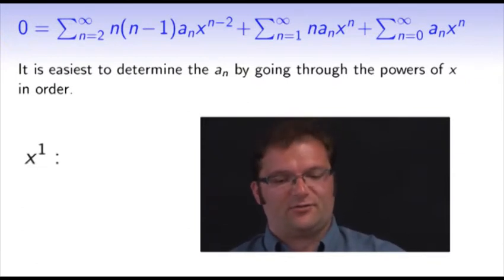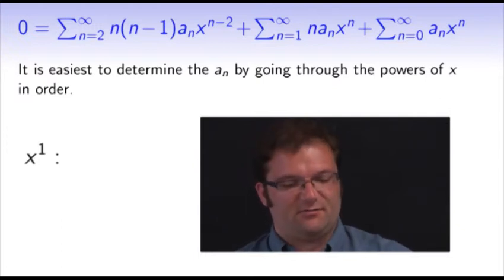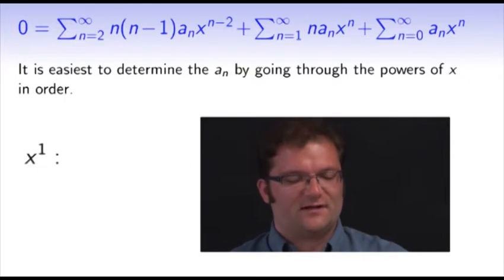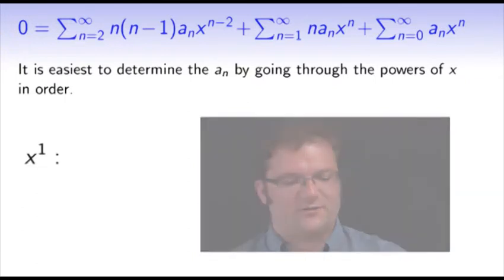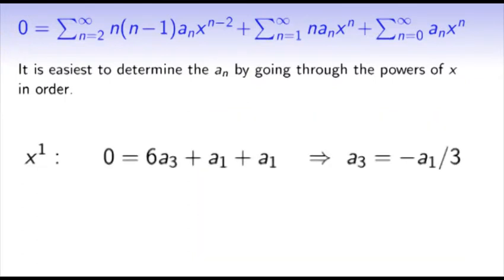And the sum on the right contributes with n equal to 1, a1 times x to the 1. So in order to make the coefficient in front of the x to the 1 term overall 0, we have to solve the equation 6 times a3 plus a1 is 0. Or we can rewrite this as a3 is minus a1 over 3.